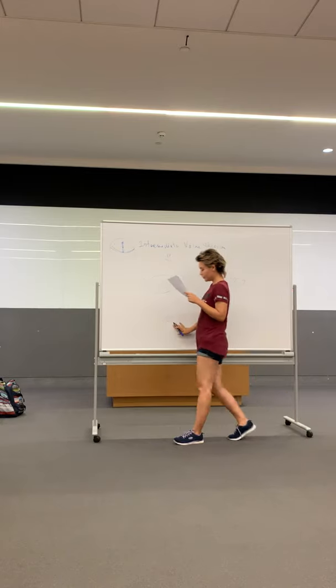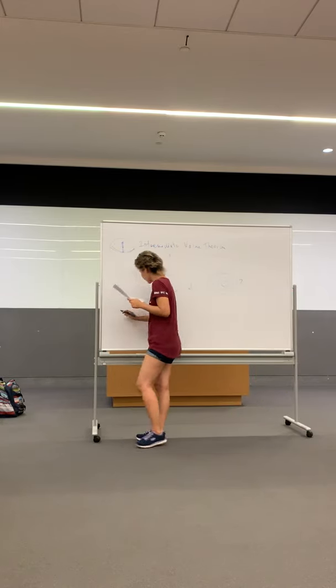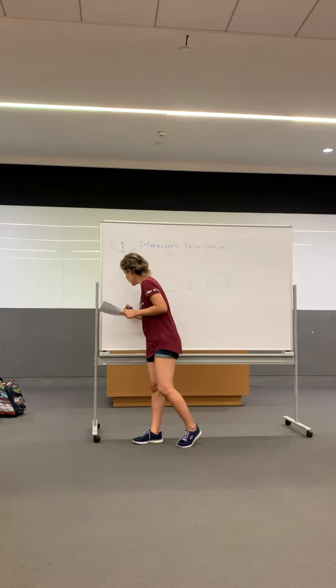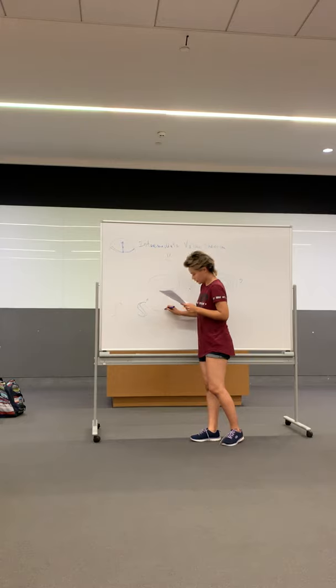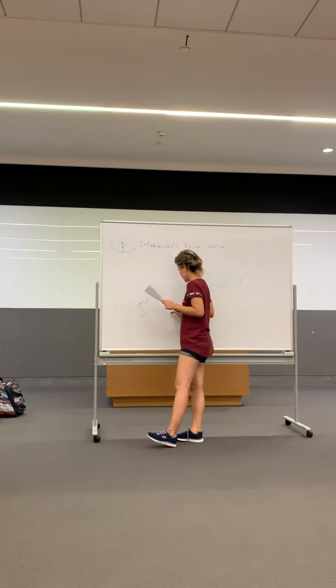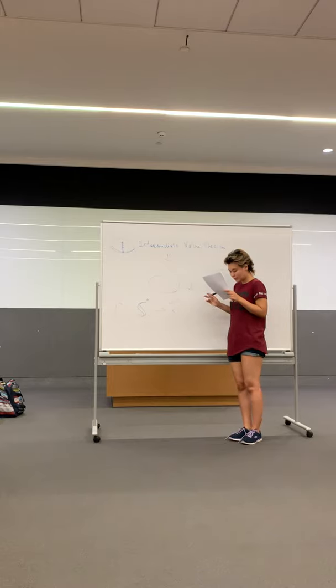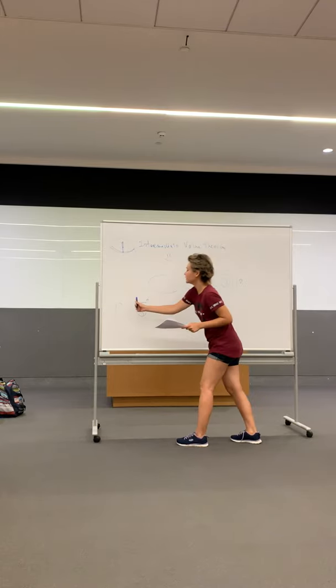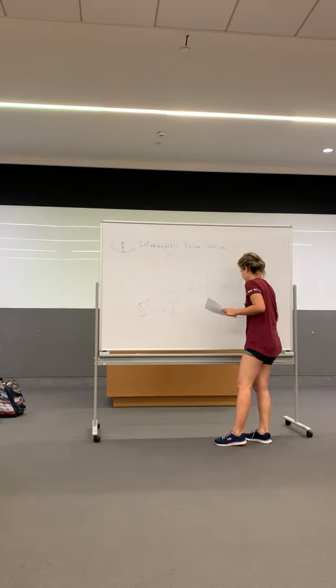So if you have a sphere of n dimensions, and there is some function that maps points from the sphere to real numbers in n dimensions, that would mean that there exists some point c such that f of c equals f of minus c.